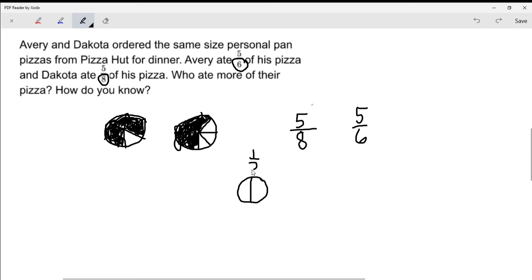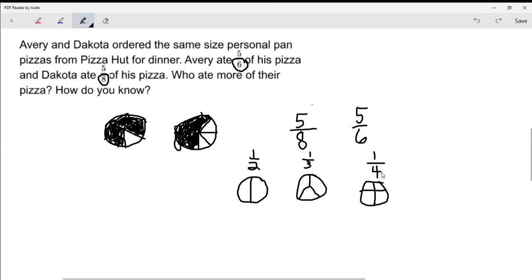So 1/2 is going to be larger than 1/3, which is once again larger than 1/4, and so on. The more pieces we split the whole into, the smaller the pieces get. So the bigger the denominator, the smaller the pieces are, which is counterintuitive when you're first learning about fractions.